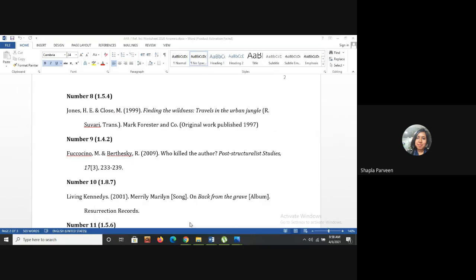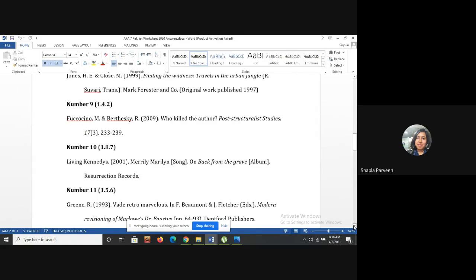This is for number 9. So you can see the authors' last names followed by initials are given there. Remember, the short form of and. Then the year of publication is 2009. Then the title of that article is Who Killed the Author? Okay, that's the name with a question mark. That's the whole title of the article.